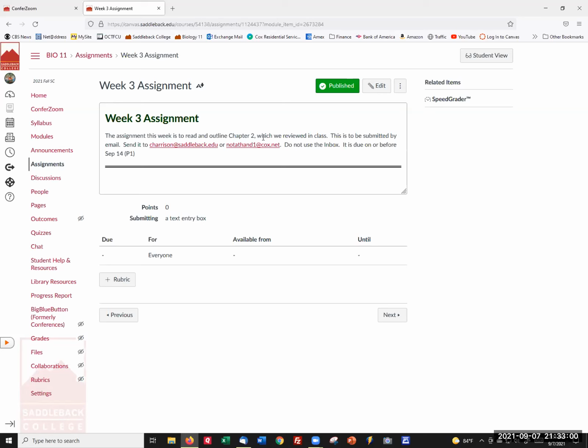Put a check by ribosome, endoplasmic reticulum, smooth endoplasmic reticulum, Golgi apparatus, lysosome, mitochondria. Do not bother putting a check near peroxisome. You can put that in parentheses or just say no.